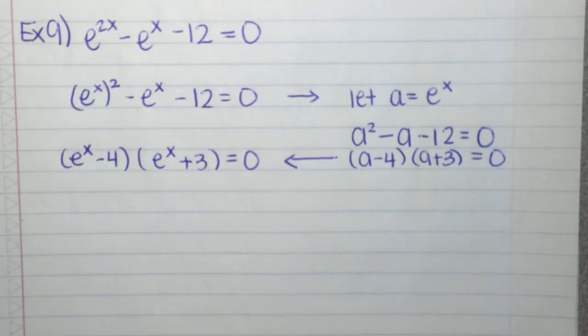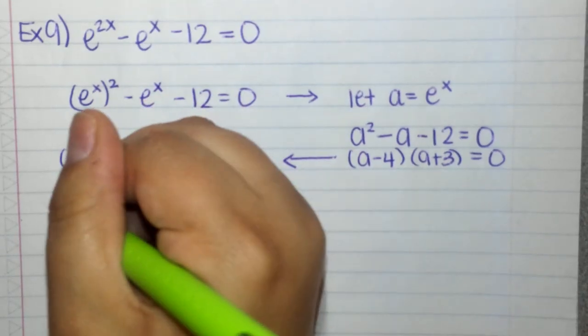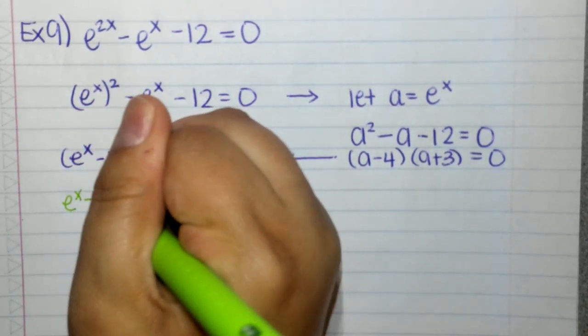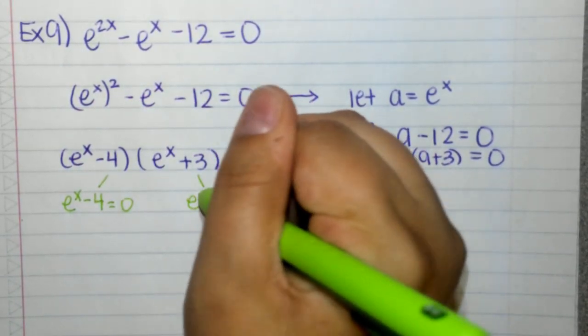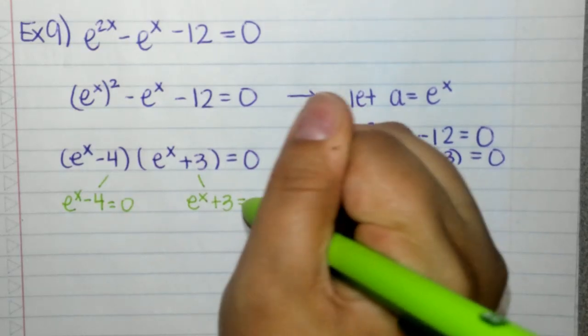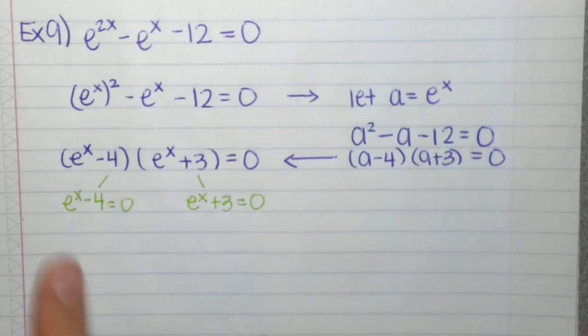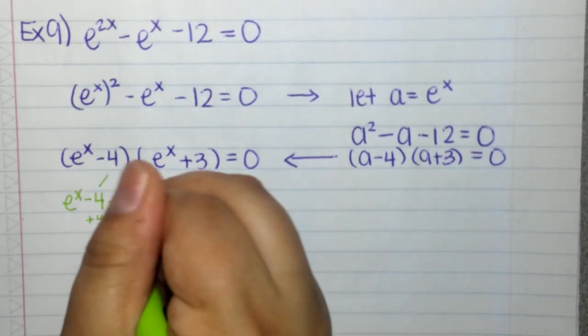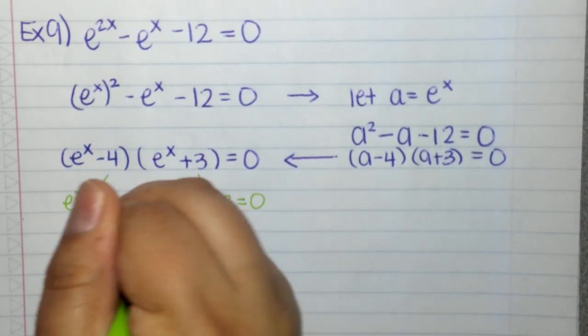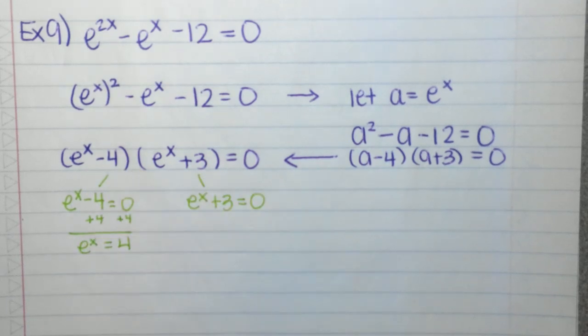Now, what am I going to do? e^x minus 4 equals 0. e^x plus 3 equals 0. And solve. What do I do here? Plus 4. So e^x equals 4.